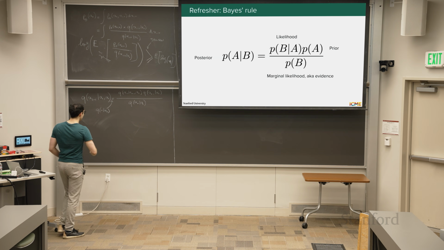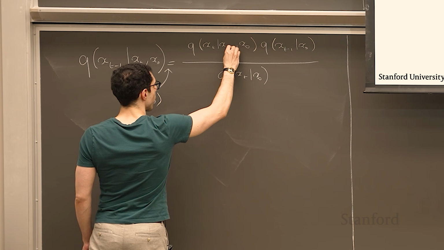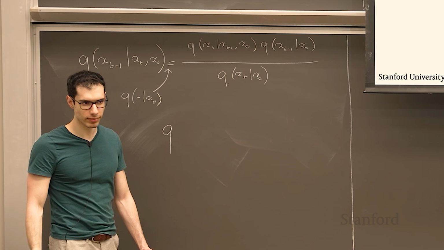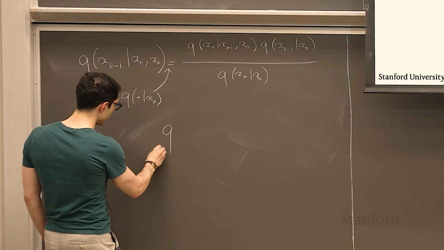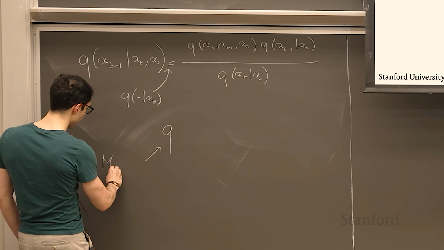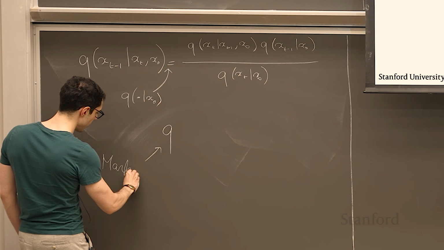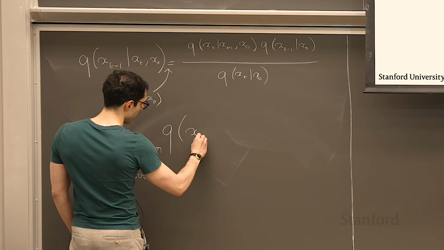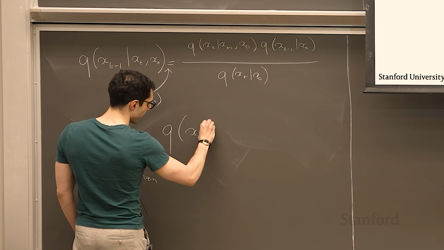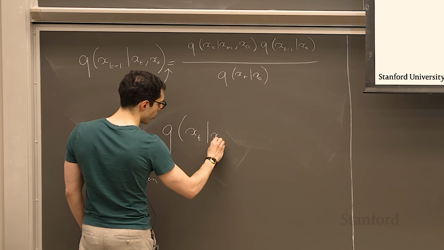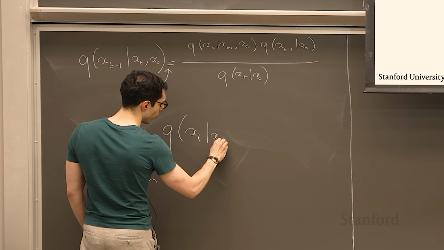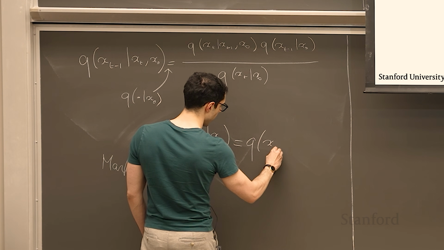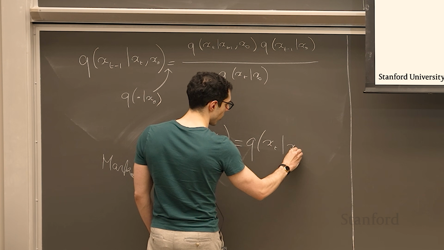Something I have not told you so far is that Q has a very special property. Q is Markovian. What does that mean? It means that Q of xt given everything before is equal to Q of xt given xt minus 1.